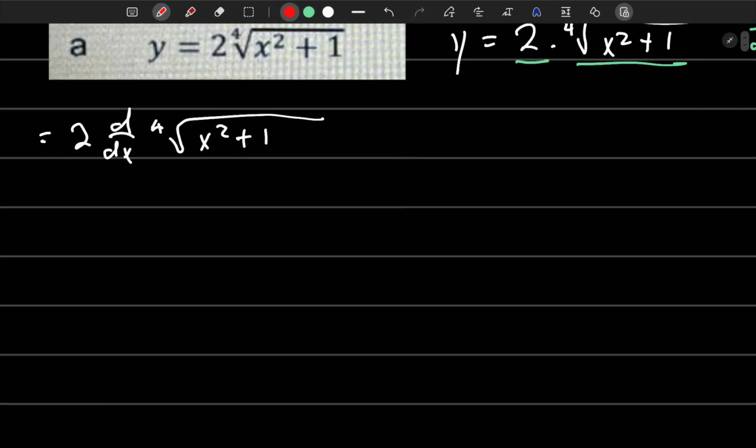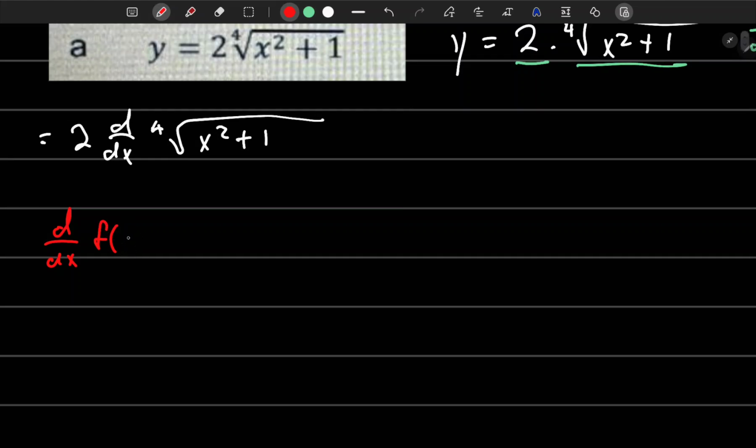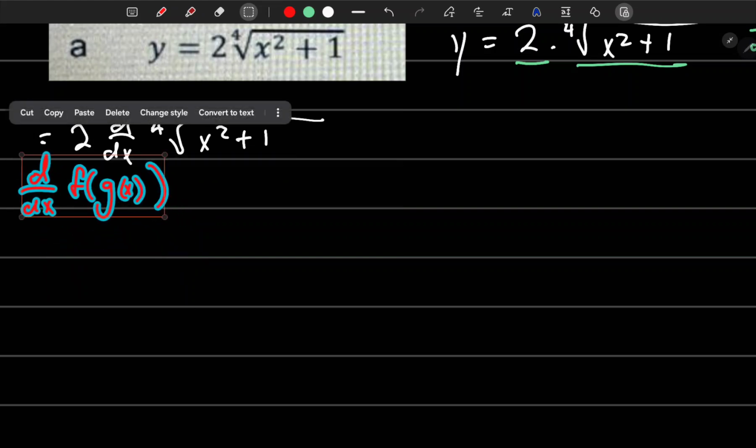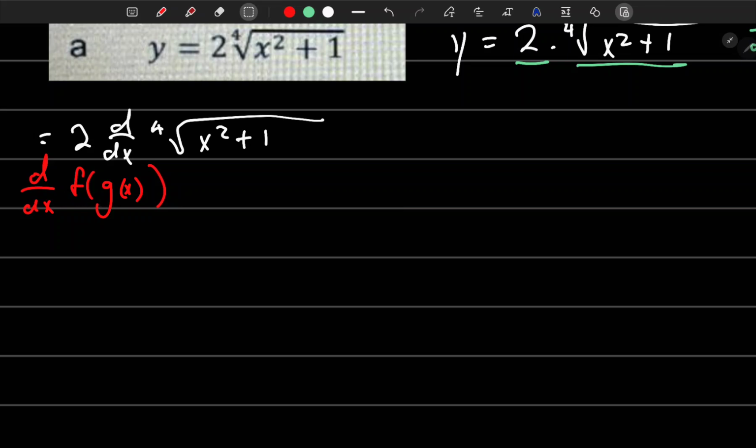The chain rule says that if you want to find the d/dx of some function, you should know that the chain rule is usually applied to functions that take in as input other functions. So you're trying to find the derivative of f of g of x. It's only applied when the input is another function.